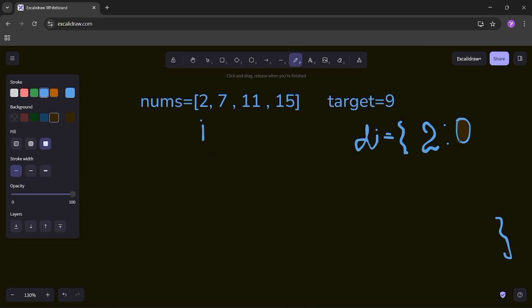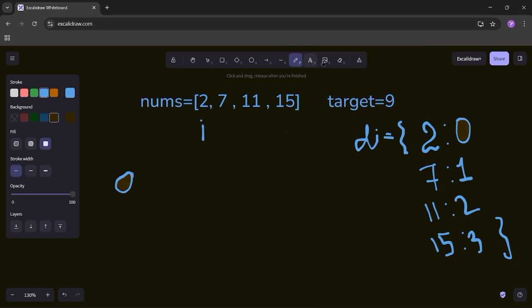So like this: 7 is present at the first index, similarly 11 at the second index, and 15 at the third index.